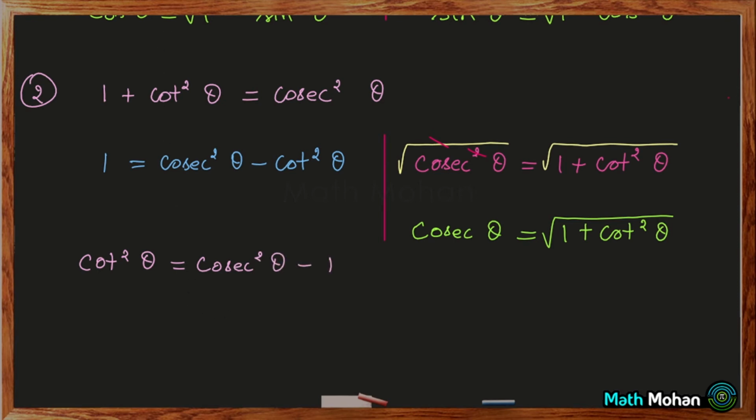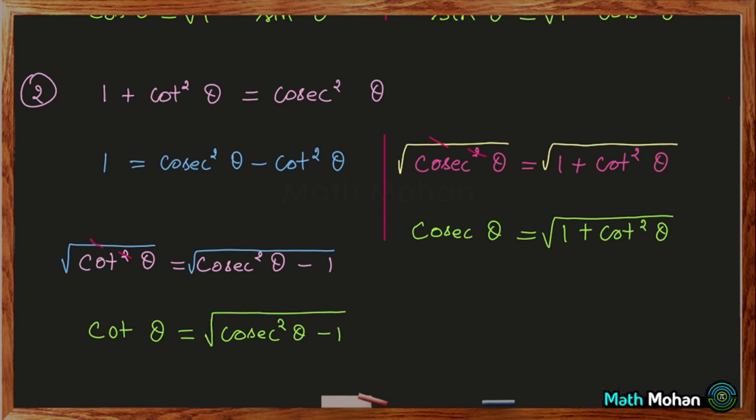From here, if we need cot theta, then again the same process of taking the square root on both sides, thereby cancelling this. So from this, we get the answer as cot theta equal to the square root of cosecant square theta minus 1. Okay, fine. So this way also we can write.